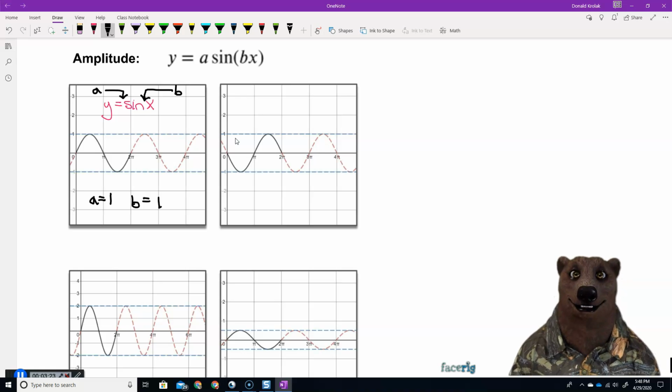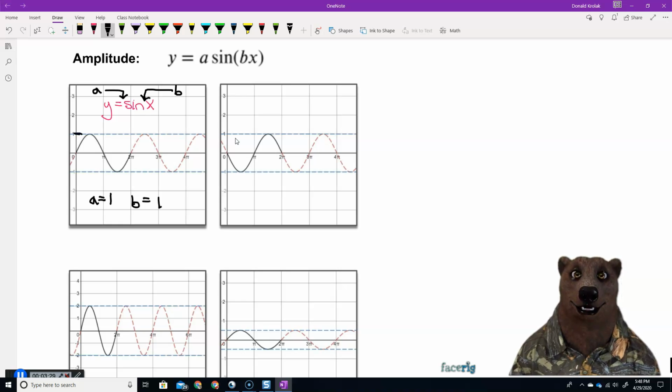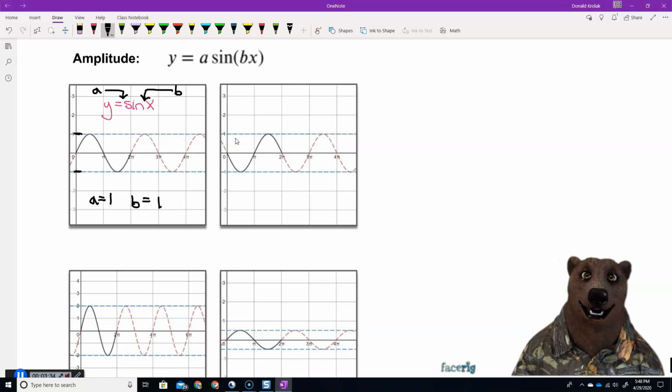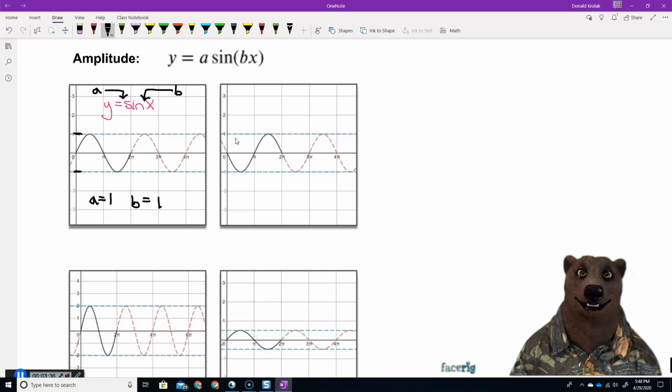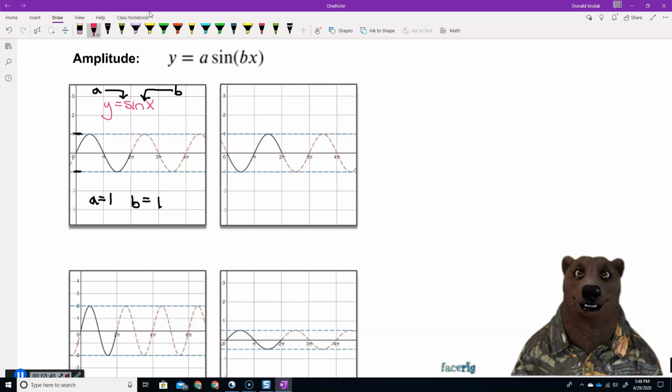So what that means is our amplitude is 1. The highest this graph is going to go is 1 above, -1 below. The B means you're going to see one cycle of sine. So here's one cycle of sine.